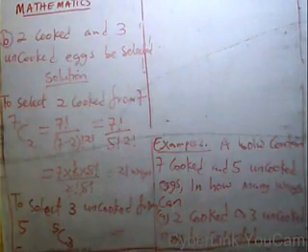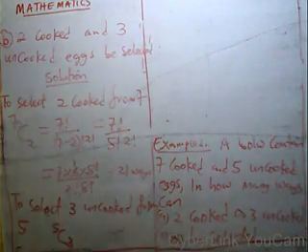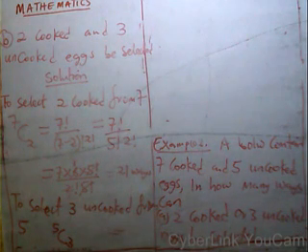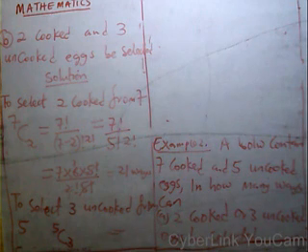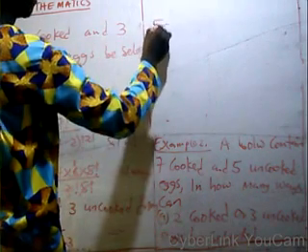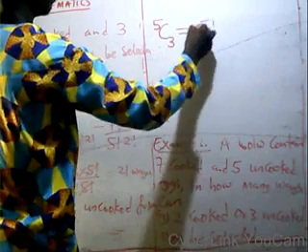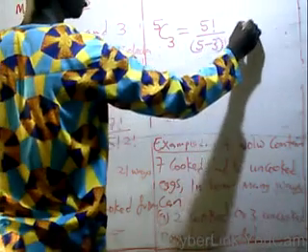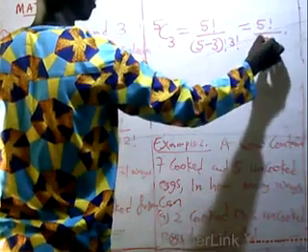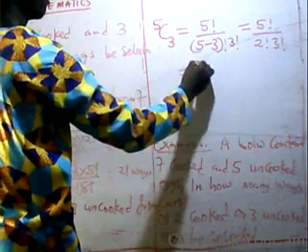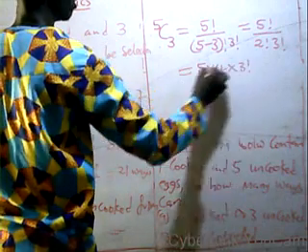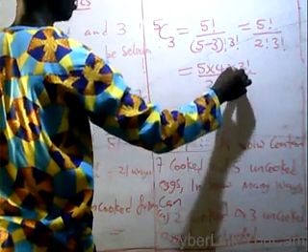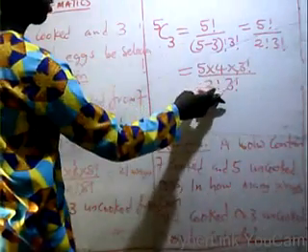And what that means is that 5 combination 3 is 5 factorial all over 5 minus 3 factorial, 3 factorial, which is equal to 5 factorial all over 2 factorial, 3 factorial. That is 5 times 4 times 3 factorial all over 2 factorial, 3 factorial. This and this will go. 2 factorial is 2 times 1, which is 2.